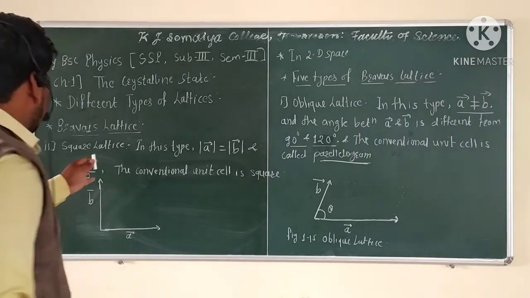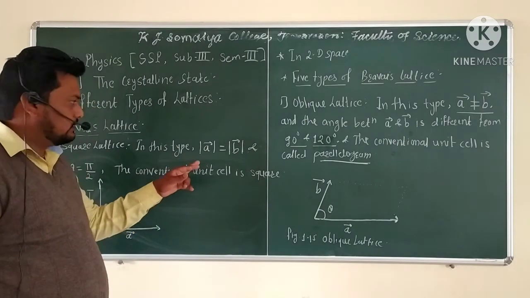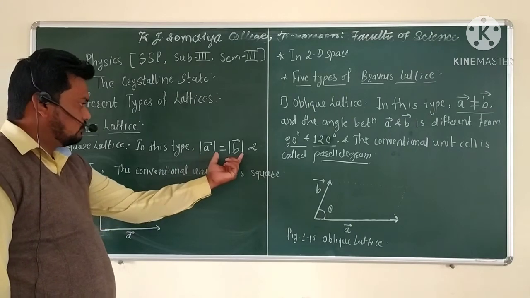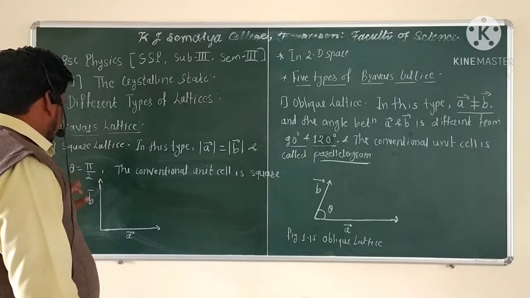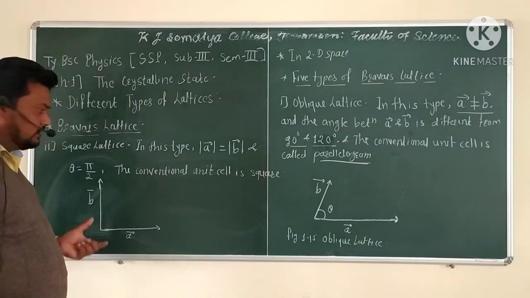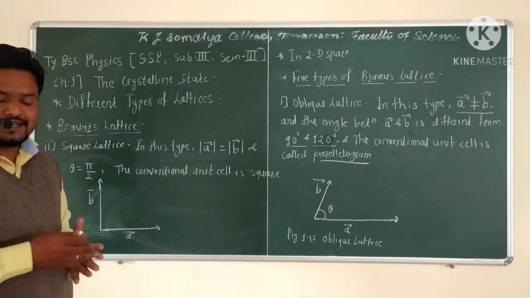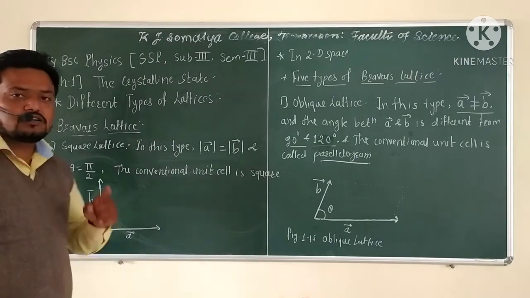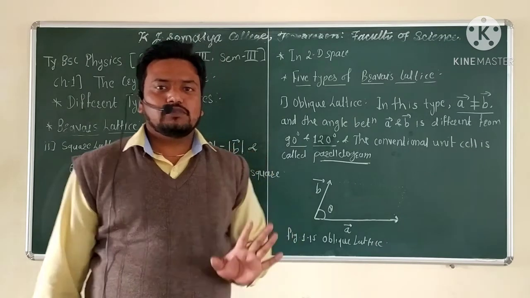In this square lattice, consider vector A and vector B, where mod of vector A is equal to mod of vector B, and the angle theta between vector A and vector B is pi by 2, that is, the angle is 90 degrees, and the conventional unit cell is nothing but a square.